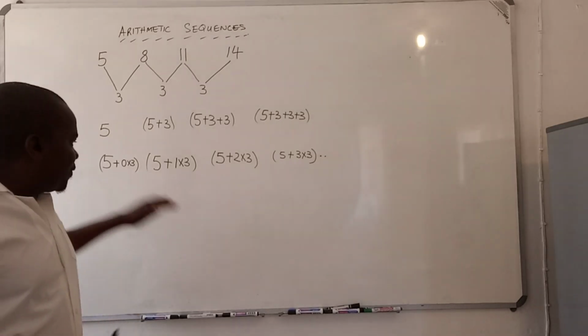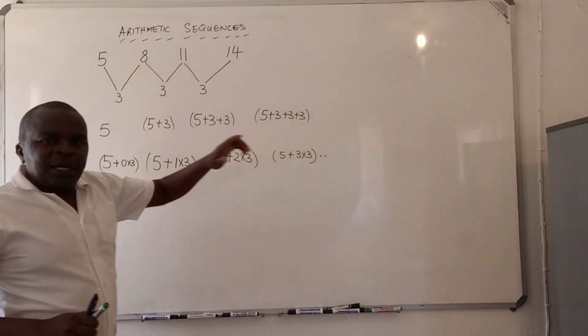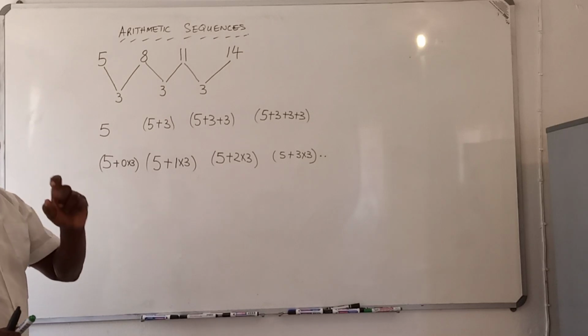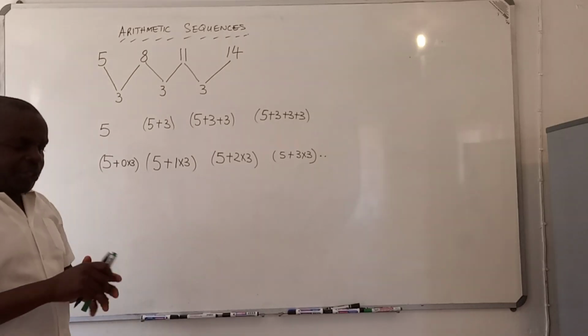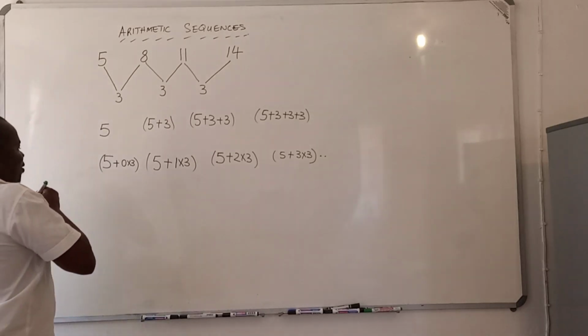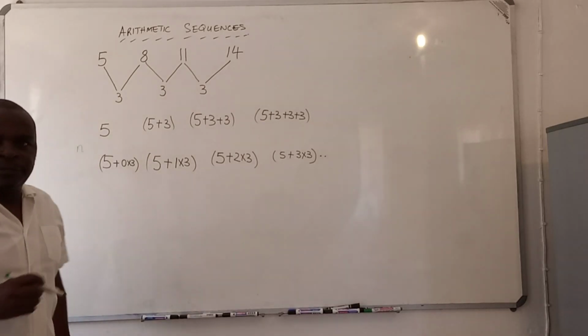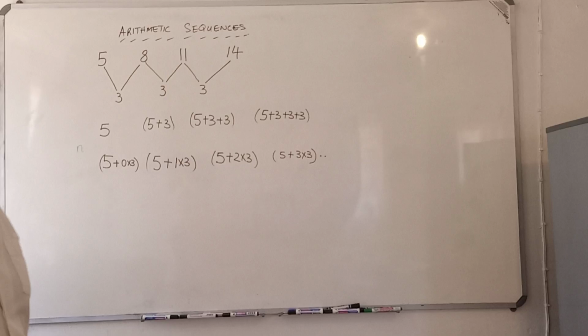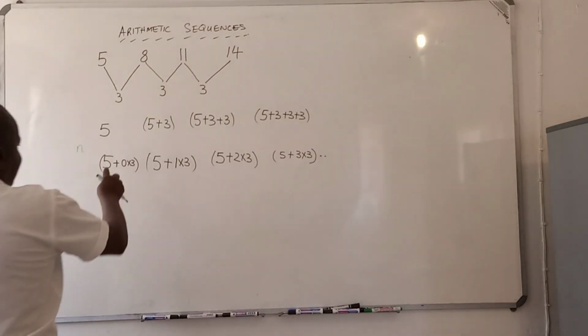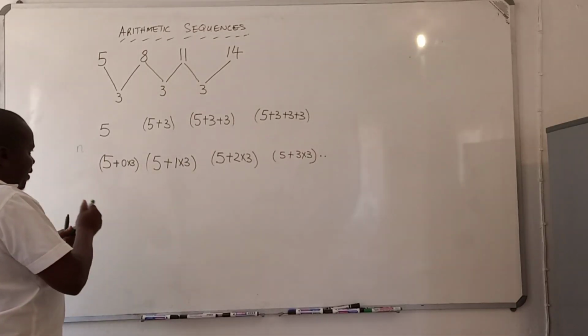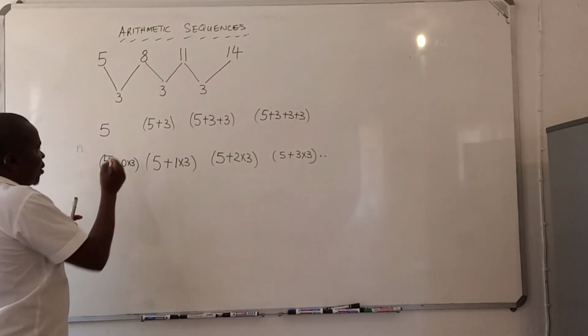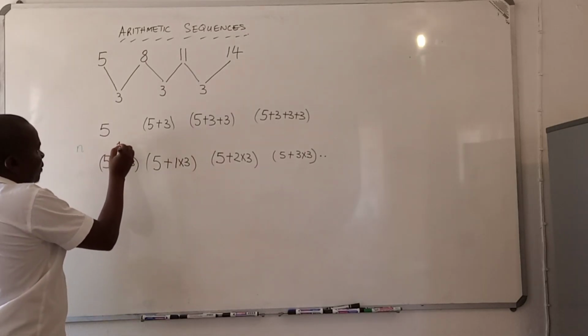Now above this sequence here, I'm now going to introduce the positions. Our positions are going to be represented by letter N, right? Now, this is our first term. It means N is equal to 1 at this position. This is position number 1.